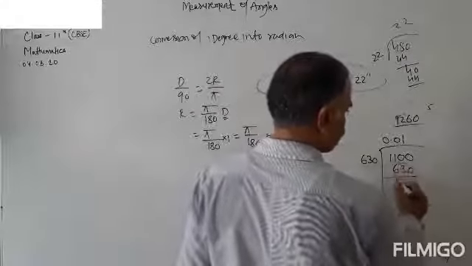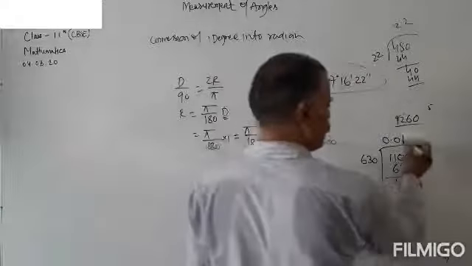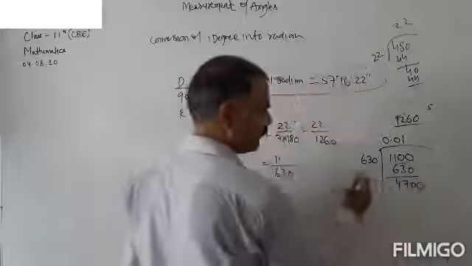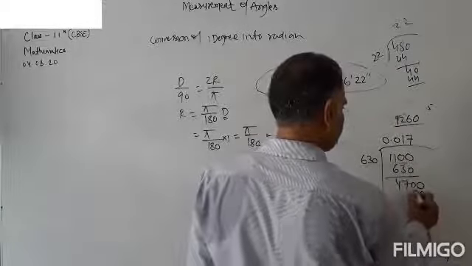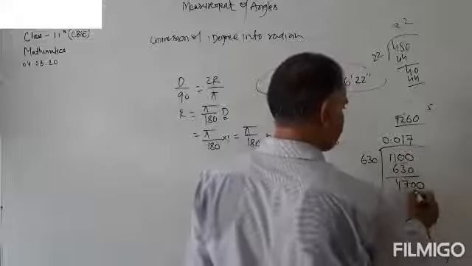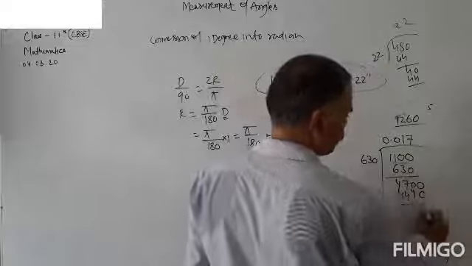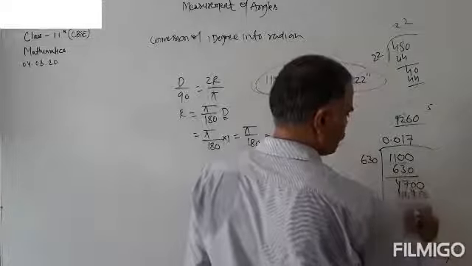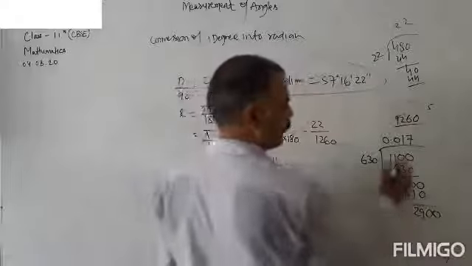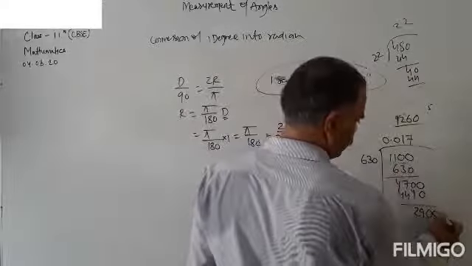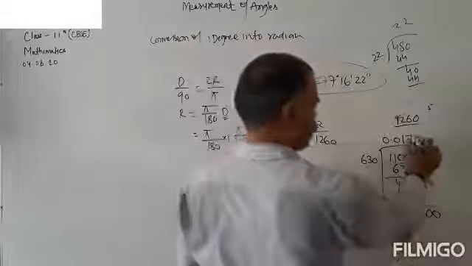Then 470. Now 4700 will divide by 630, 7 times. 7 times 630 is 4410, so 290. Okay, 2900. 2900 will again divide by 630, 4 times.